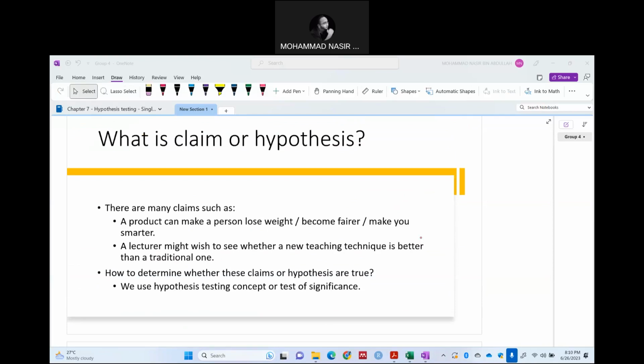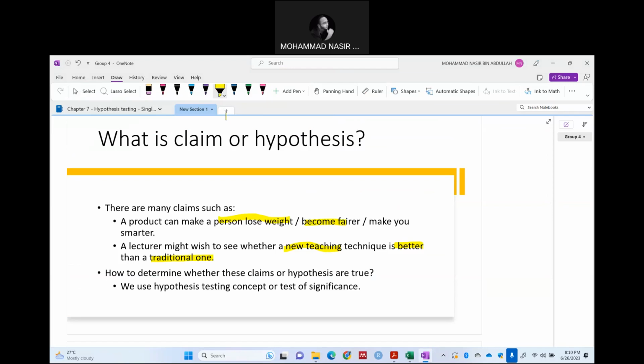So in hypothesis testing, what is a claim? This is an example of a claim: a product can make a person lose weight, become fairer, and make you smarter. Another example: a lecturer might wish to see whether a new teaching method is better than the traditional one. So we want to compare two procedures, the new teaching method and the old teaching method, to know whether there is any effect.